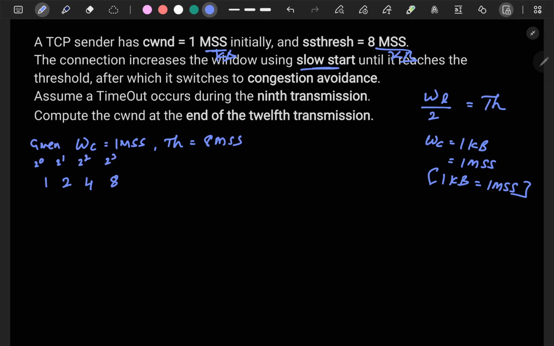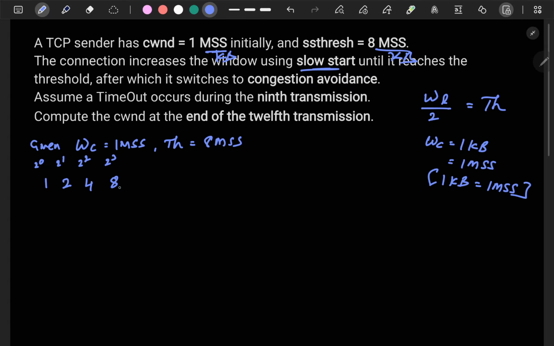This is called exponential growth. It grows until it reaches the threshold, 8. So this part is the threshold.